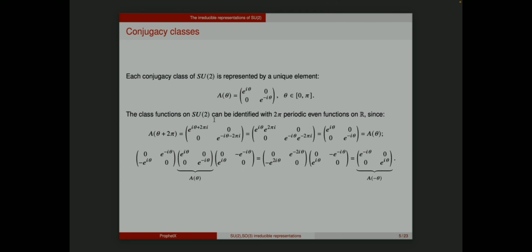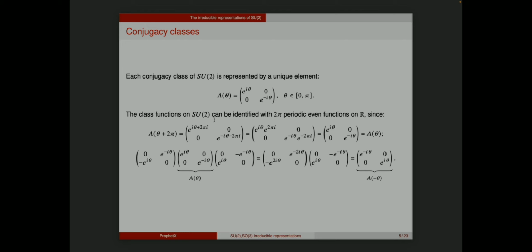Okay, so now I want to move on to conjugacy classes. So we're interested in the conjugacy classes of SU2 because we want to classify the irreducible representations, and we know that the irreducible representations of SU2 are basically classified by the characters.